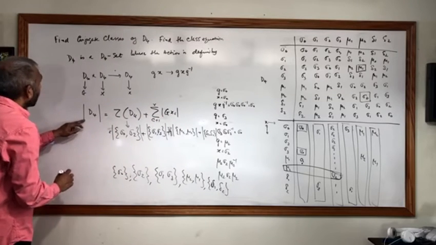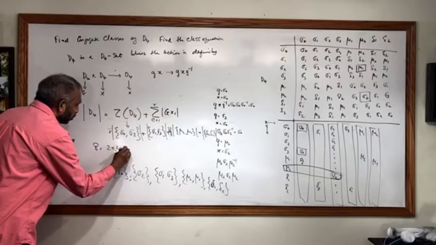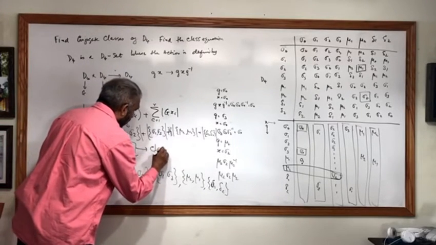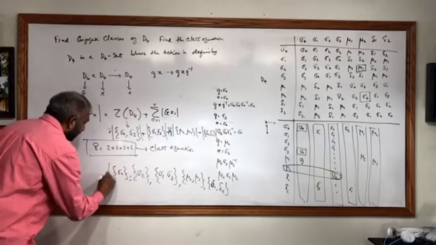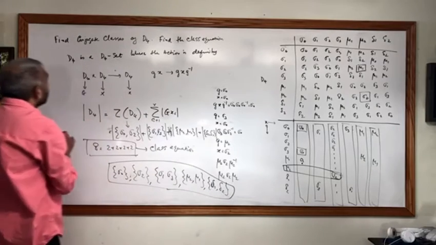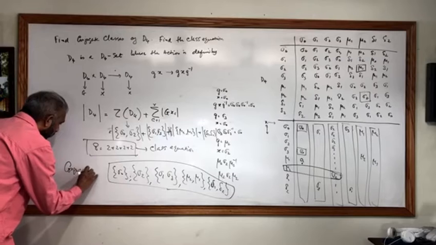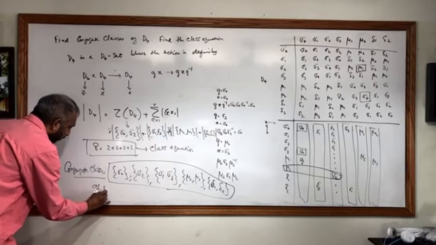So the class equation is 8 is equal to 2 plus 2 plus 2 plus 2. This is the class equation. And these are the conjugate classes of D4.